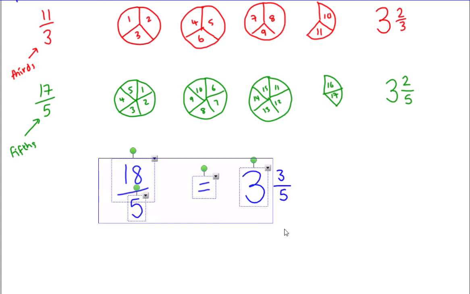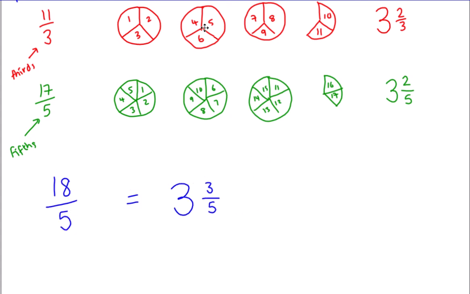Okay. If I move that over, and we'll do another one then. If I have 22 thirds. So again, the question is, how many 3s are there in 22? How many wholes can you make? So 3 goes into 22 7 times.